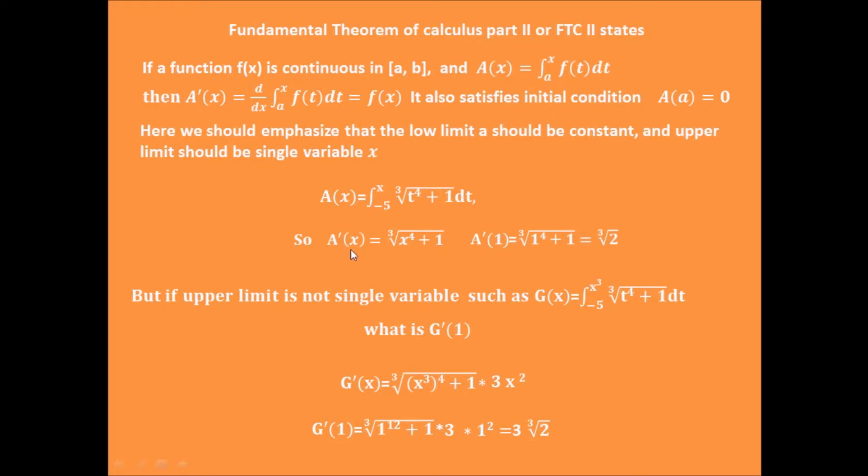Then we have A'(x) equals (x to the power of 4 plus 1) to the power of 1/3. In this case, we just use x to replace the t, so we can get the derivative.